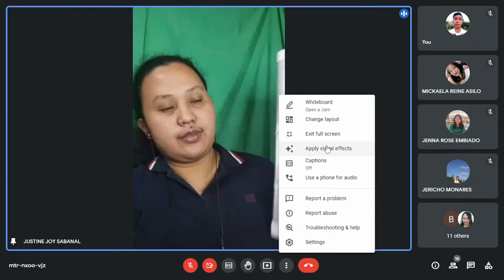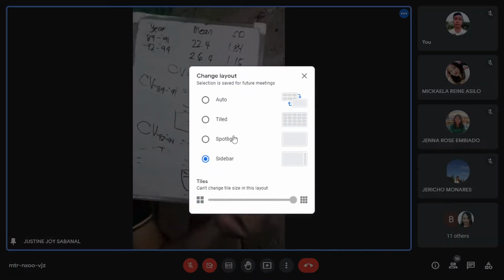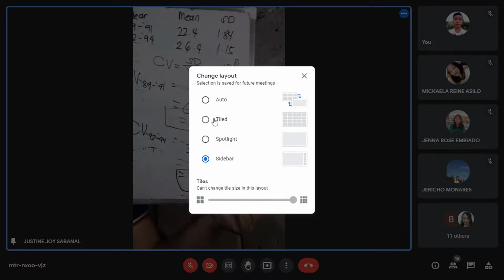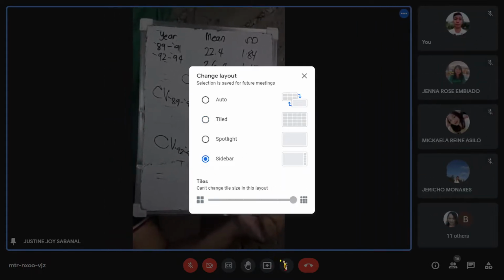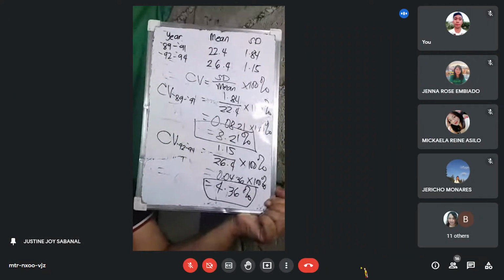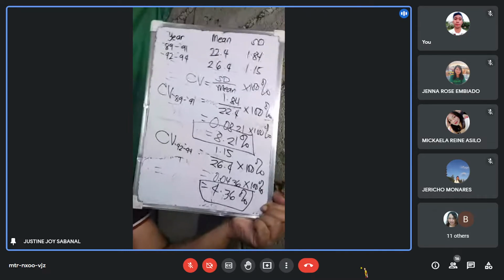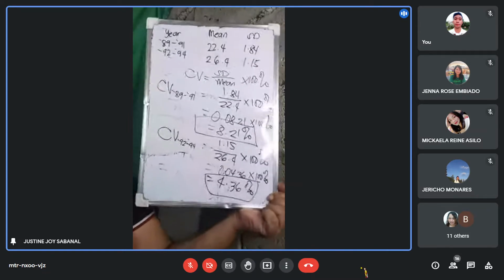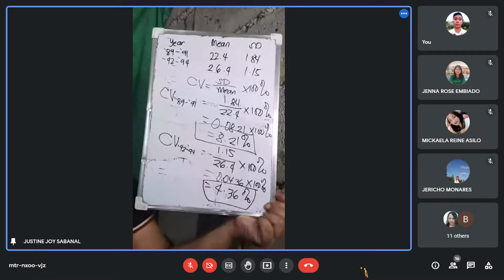So dun sa dalawang value, alin? Period. 1992 to 1994. Okay po. So thank you. So the period 1992 to 1994 shows a more stable peso-dollar exchange rate po.